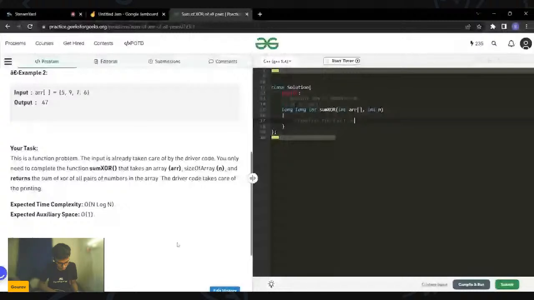Does anyone have any idea about the implementation and how we are going to do that? I just explained the entire question, and in fact, I'm sending you the link of this problem in the chat box so that you can also solve along with me. And if anyone has a code ready, they can send it to me in the chat box.